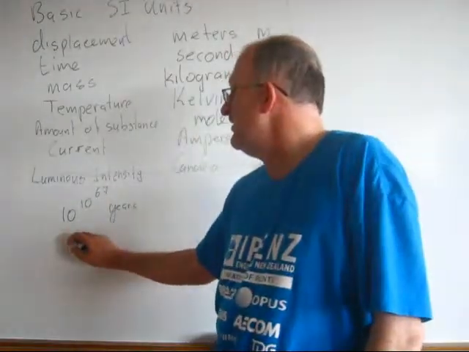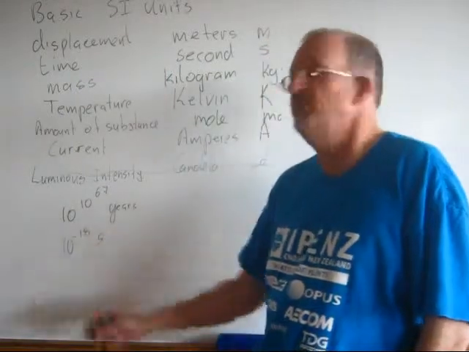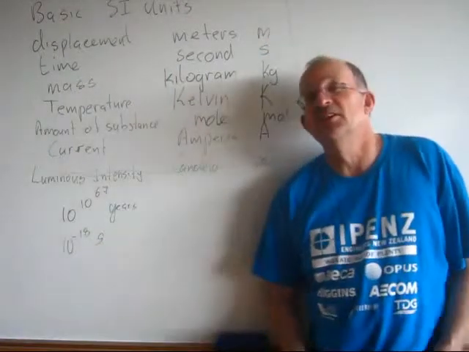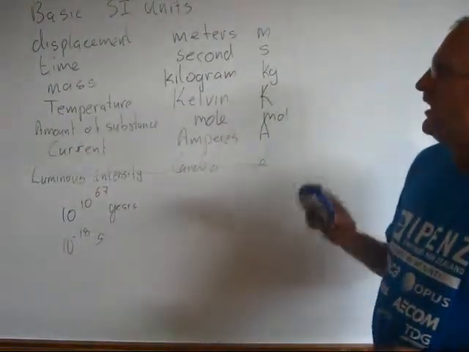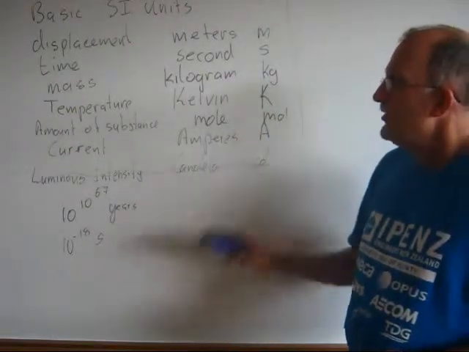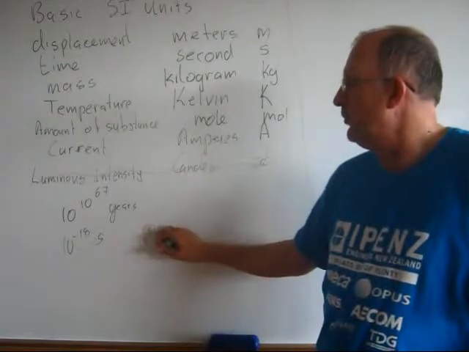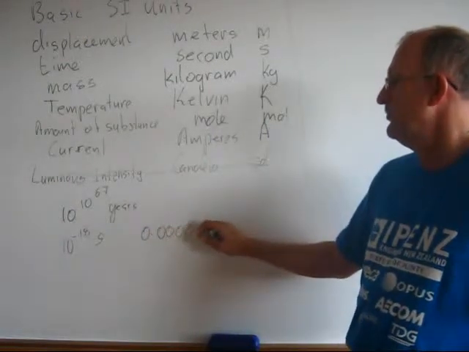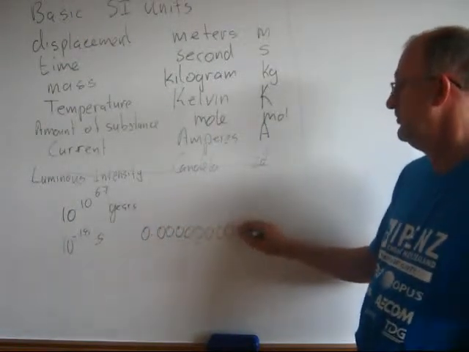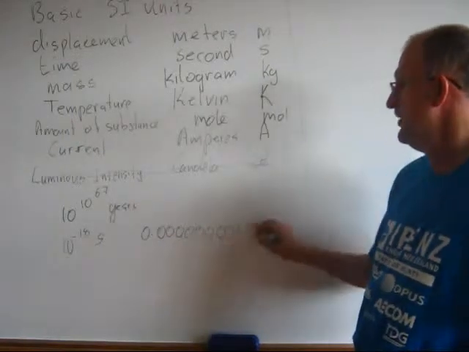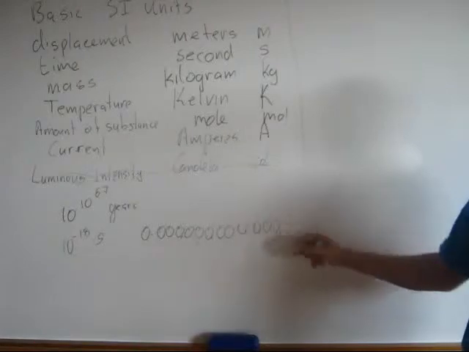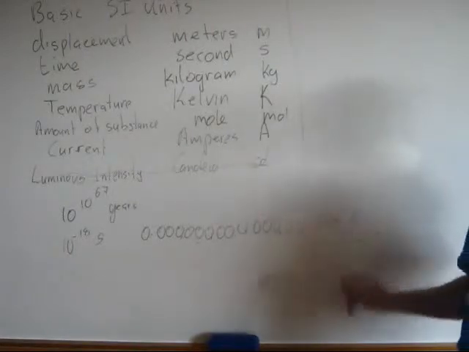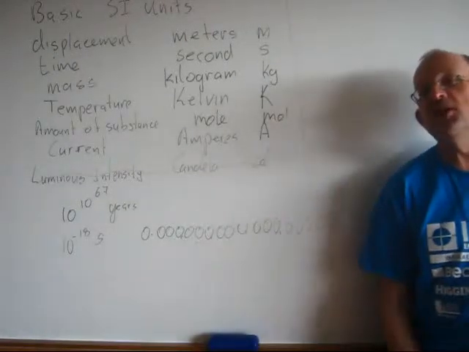Smallest numbers, we get down to like 10 to negative 18 seconds. This is like half-life of very unstable things like hydrogen 8. So, instead of writing 0.0000000000000001 seconds, there must be an easier way of doing this.